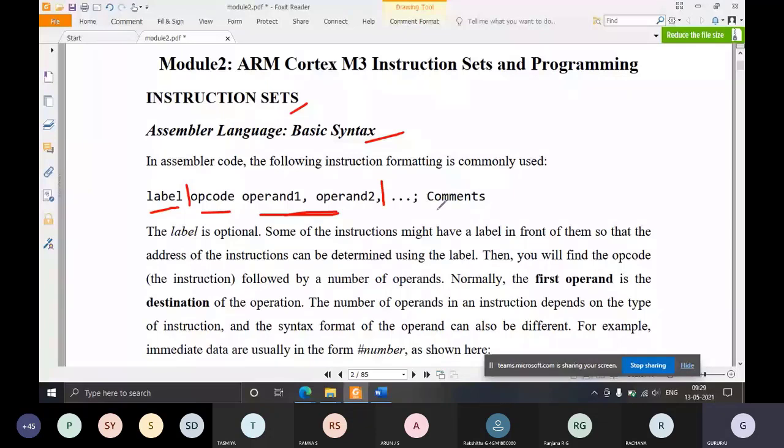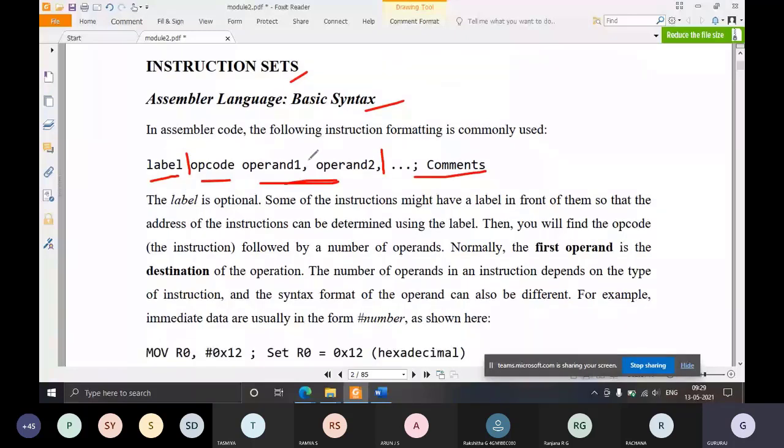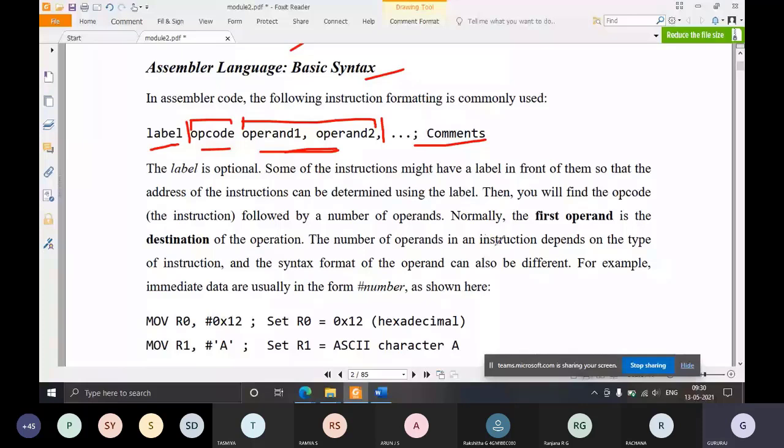The instruction will have two parts: one is the opcode followed by operands. As I told, there can be a single operand or multiple operands. In Cortex M3, the first operand is the destination.